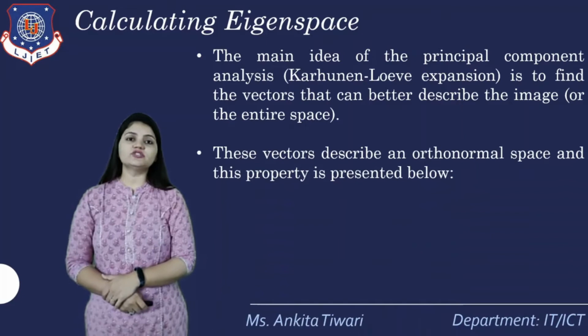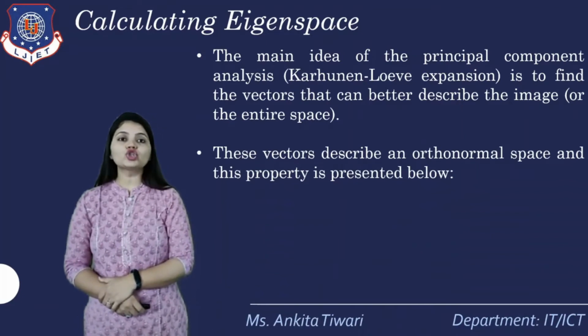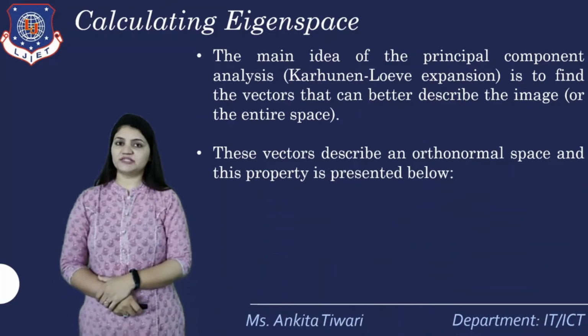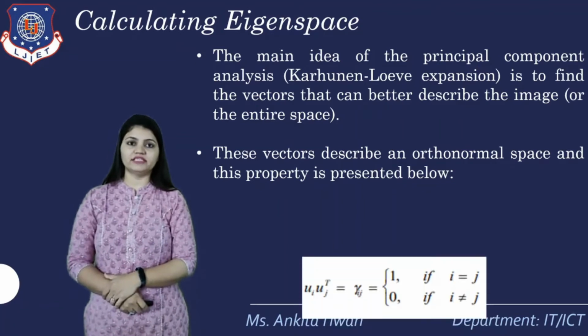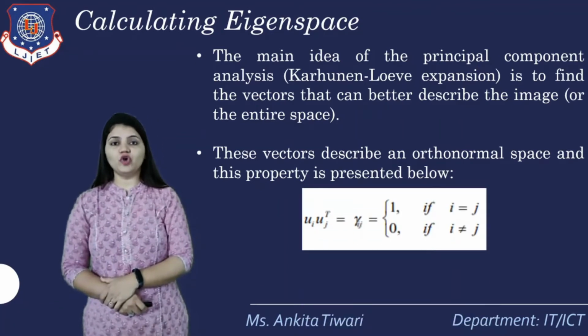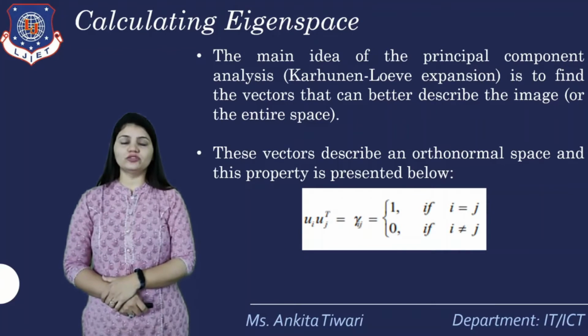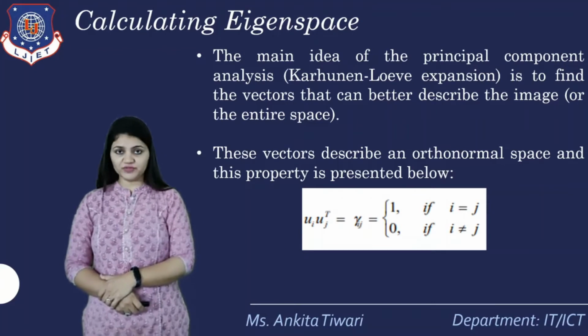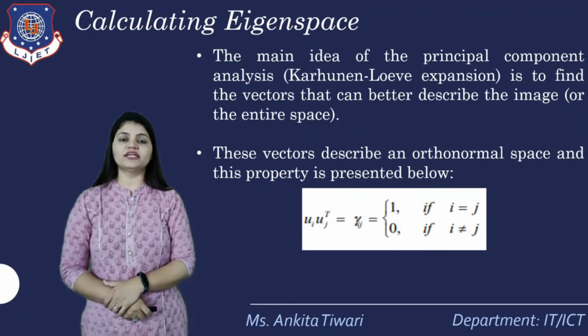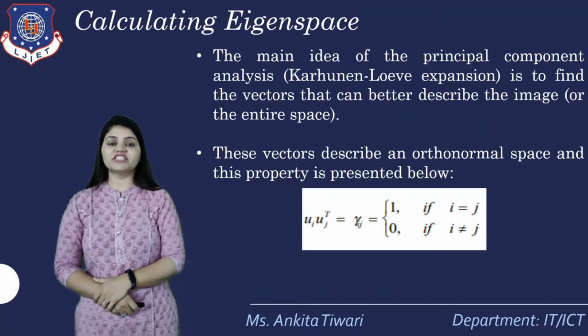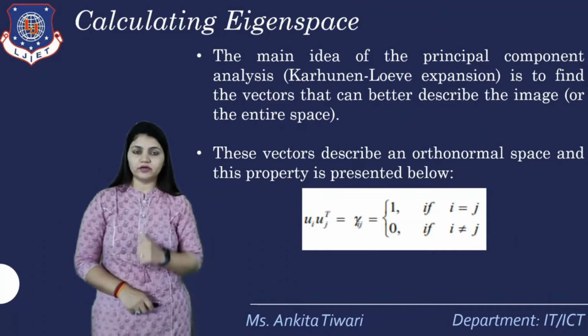Particularly, these vectors describe an orthonormal space, and this property is presented as u_i · u_j^T = δ_ij, which equals 1 or 0.